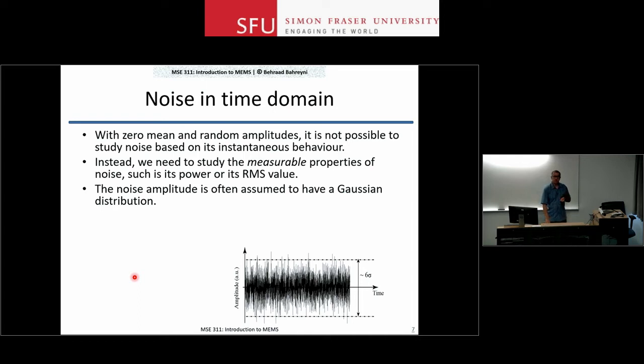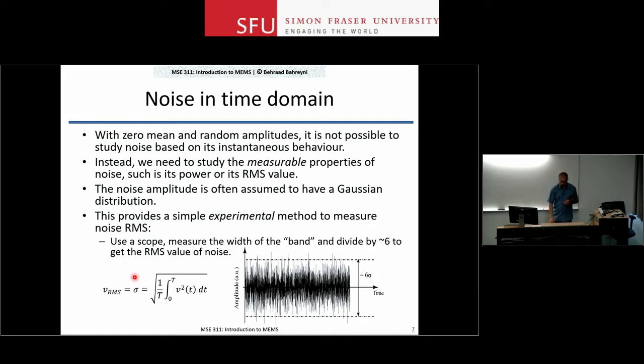We normally assume that the noise amplitude, the amplitude of your noise signal, follows a Gaussian distribution. And if you assume a Gaussian distribution for your noise signal, experimentally it makes your life easy.